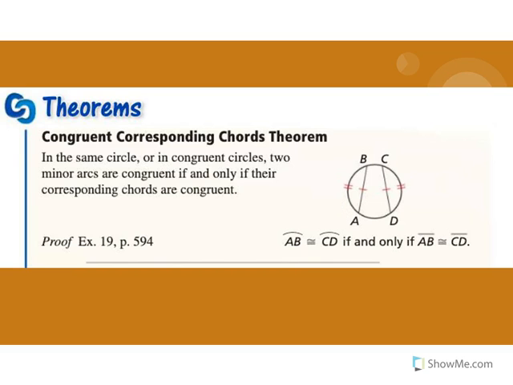You'll notice that this arc has the same points as this chord. This arc has the same points as this chord. So therefore, if the arcs are congruent, then the chords are congruent. Take a minute, pause, write it down.